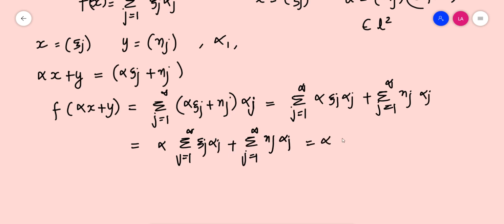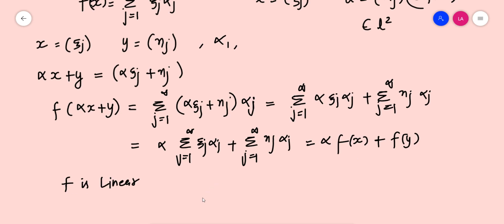It is equal to alpha times f of x plus f of y. So f of alpha x plus y is equal to alpha f of x plus f of y, which means that f is linear. So we have established that f is linear.